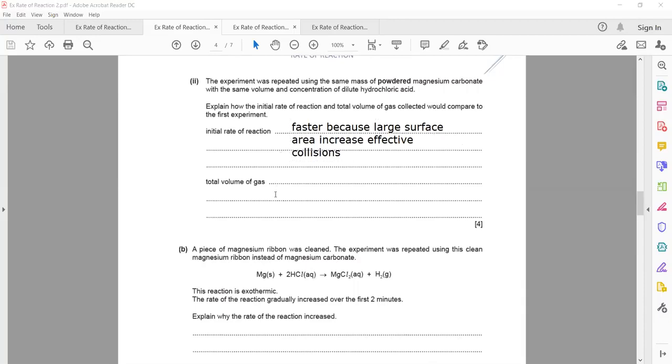What about the total volume of the gas? It will be the same because the same number of particles react compared to experiment 1.